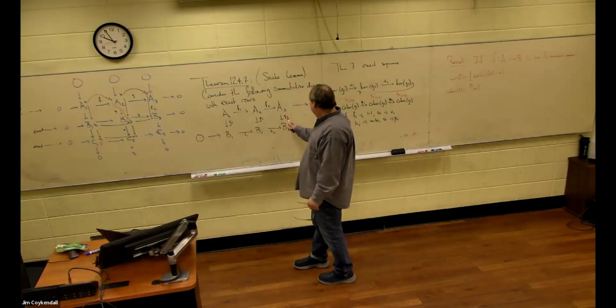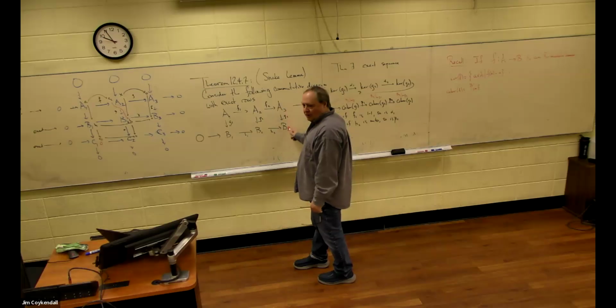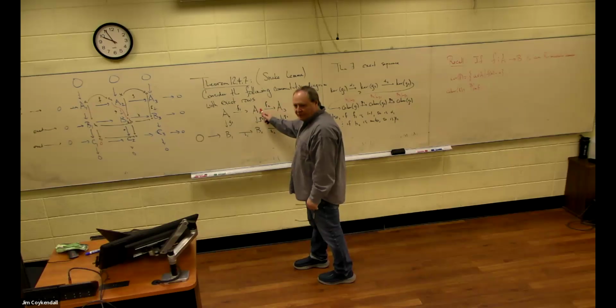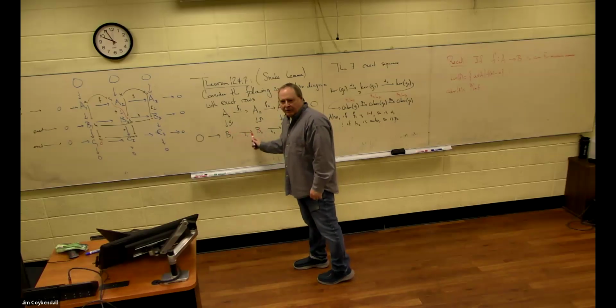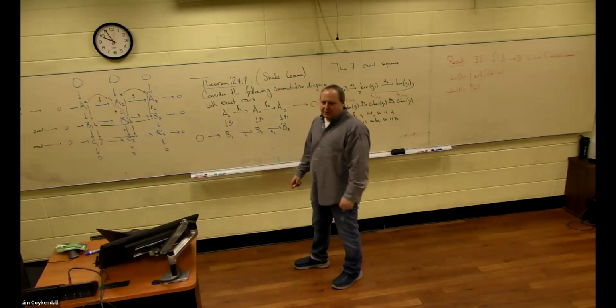Here's what you do. It's in the kernel here, so it goes to 0. This is onto, so there's a pullback. This is not one-to-one, so there are many things that go to it. When you go here, the diagram commutes, so it goes to 0, which means there's something back here that goes to it. So you take that coset representative.